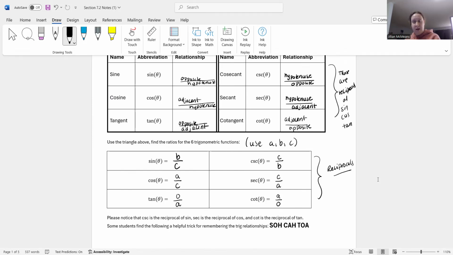CAH is cosine is adjacent over hypotenuse, and then TOA is tangent is opposite over adjacent. So if you can remember SOHCAHTOA, and then you can remember that sine has a reciprocal function, which is cosecant, cosine and secant have reciprocal ratios, and tangent and cotangent have reciprocal ratios, you can remember the six basic trigonometric functions. So remember SOHCAHTOA, okay?